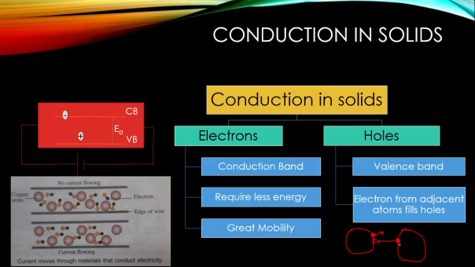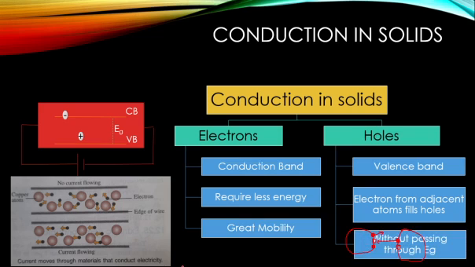So in the process, there is a vacancy of electron in the neighboring atom, which contributes a hole, while this hole becomes electron filled. So there is a generation of a hole in the neighboring atom. That is how a hole is moving from one atom to another, or in fact, it is the electron moving from one atom to another.